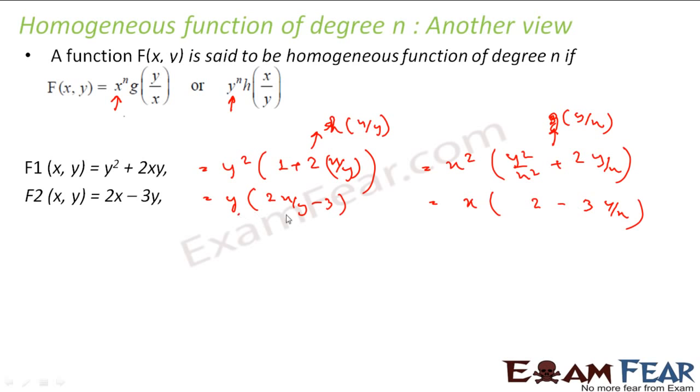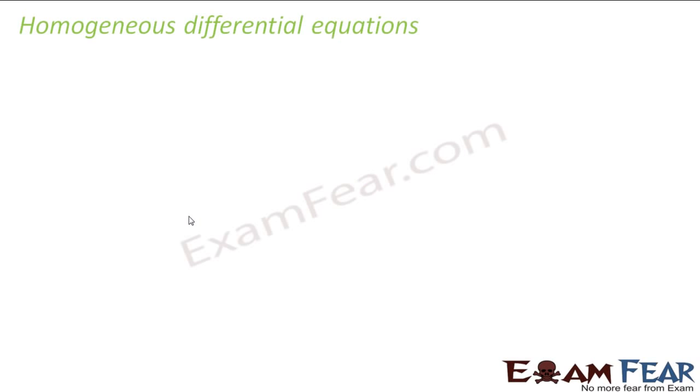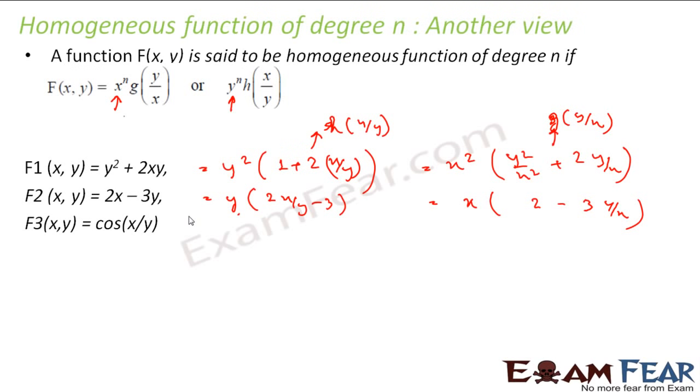So if you see, y into some function in terms of x/y, x into some function of y/x, right? x to the power n g(y/x) or y to the power n h(x/y). Cos x/y, so there is no degree in this case. Having understood the two views of homogeneous equation, you see this is actually a homogeneous function.